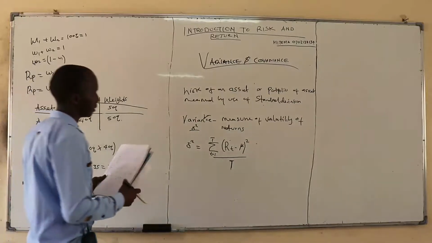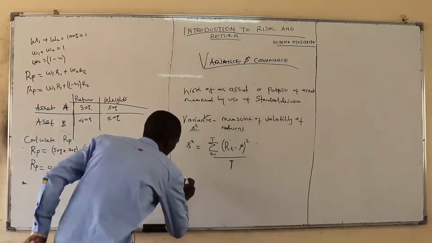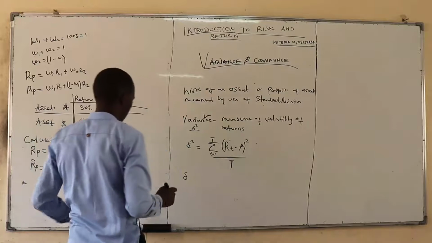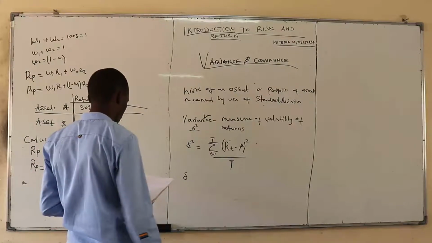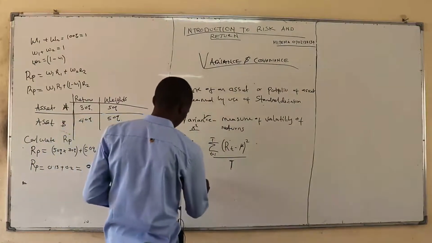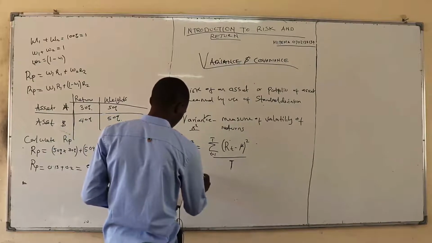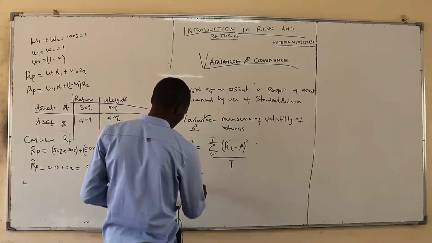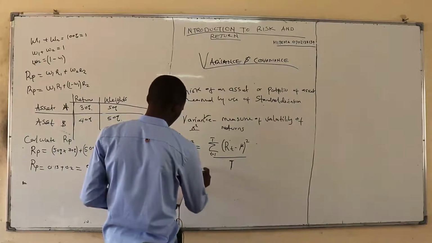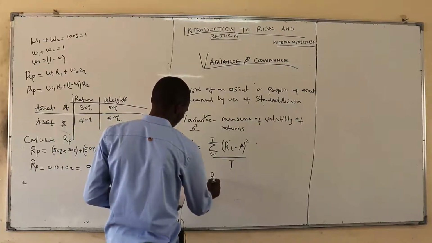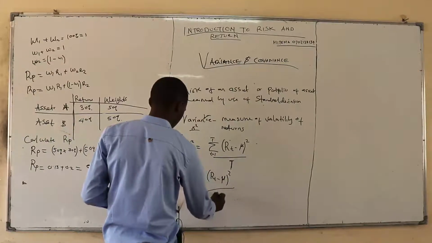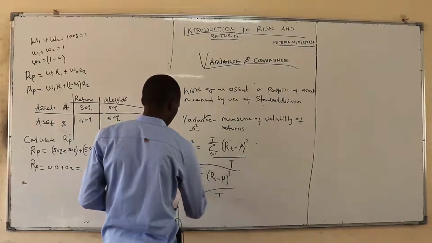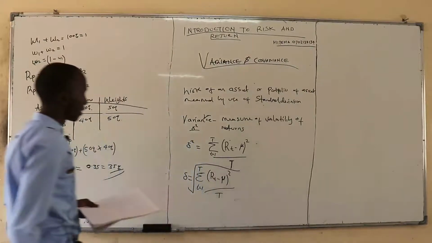So the standard deviation is equal to the square root of the summation from t equals 1 to T of the return minus the mean, squared, divided by T. All of that you find the square root.